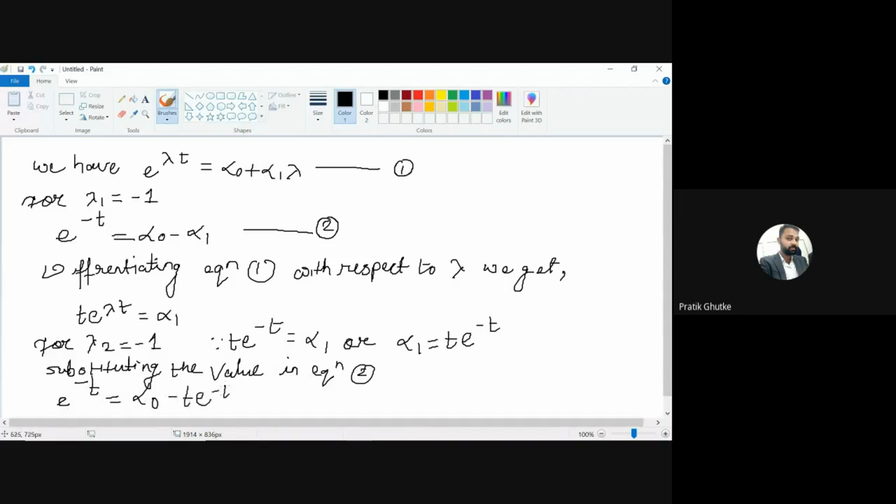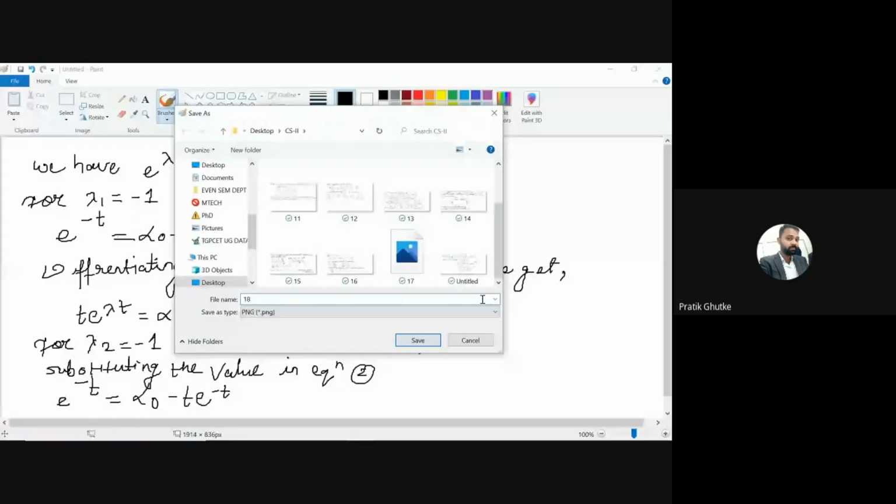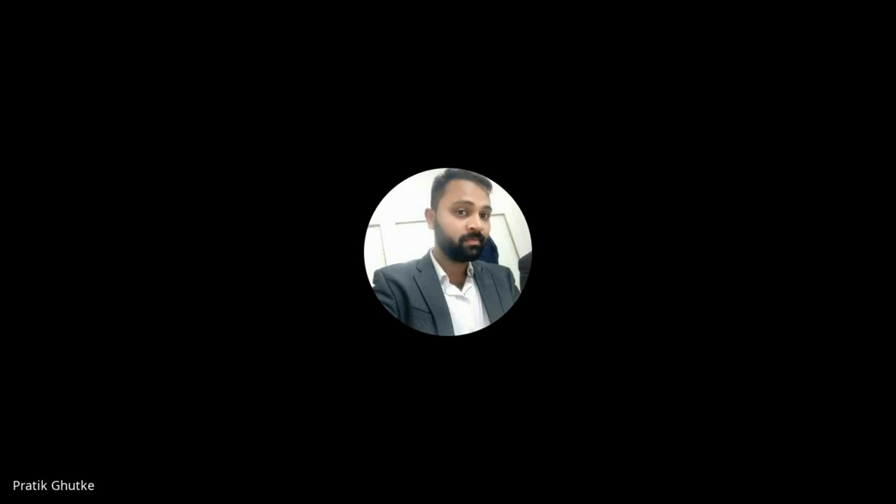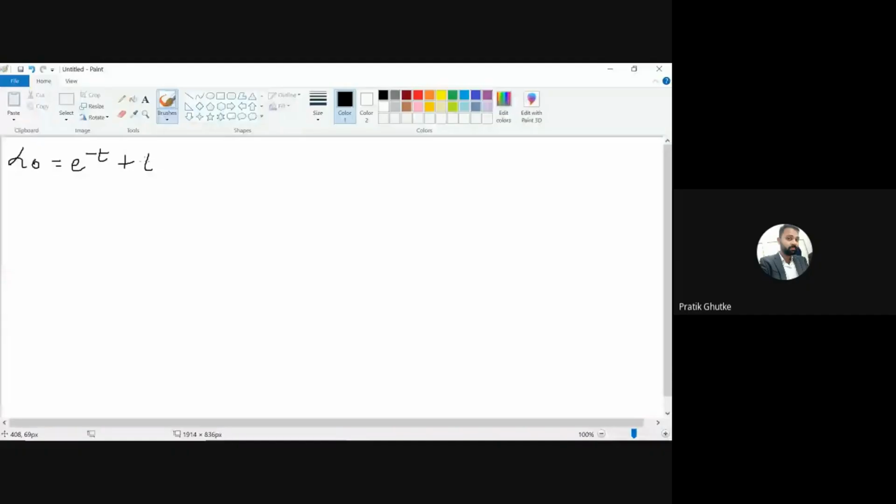Okay, therefore alpha 0 would be alpha 0 equals e raised to minus t plus t e raised to minus t. That is, I am making e raised to minus t common. Then what will be left over with? t plus 1. Okay.